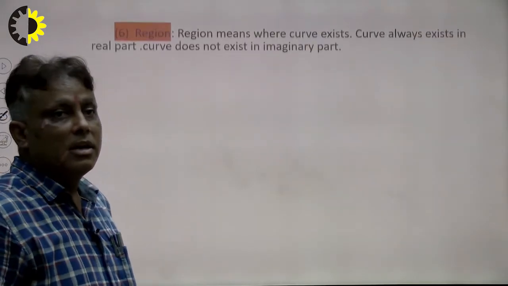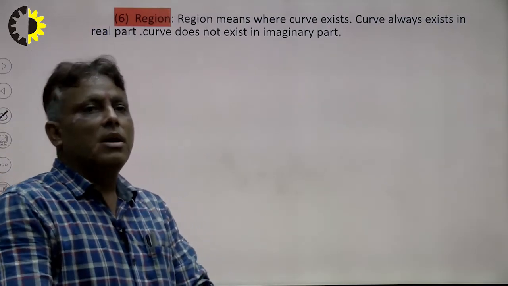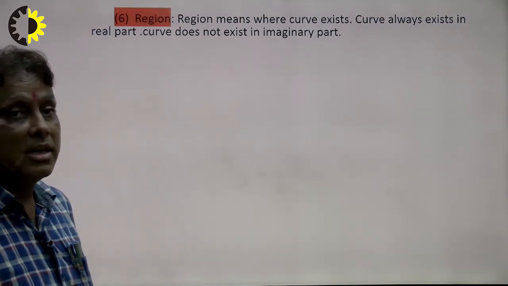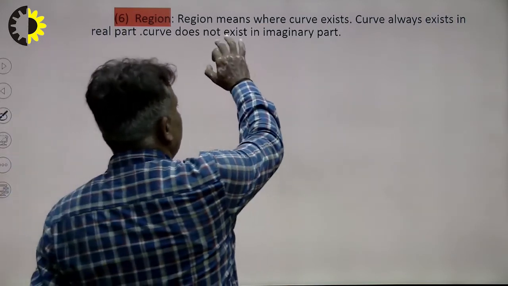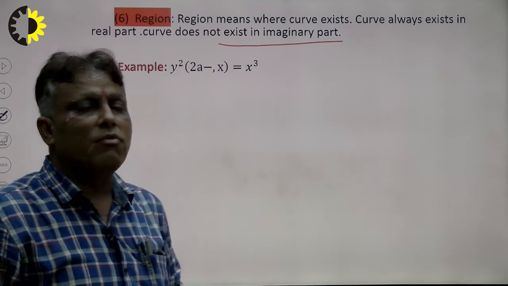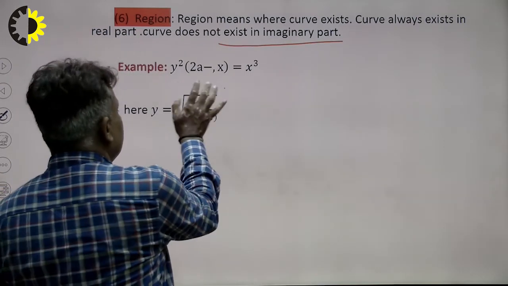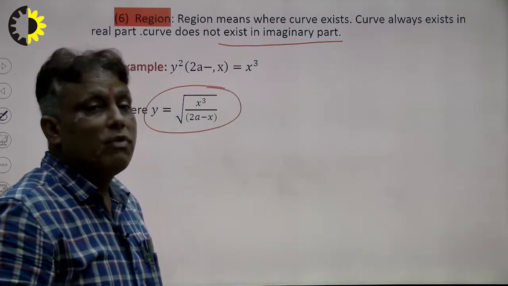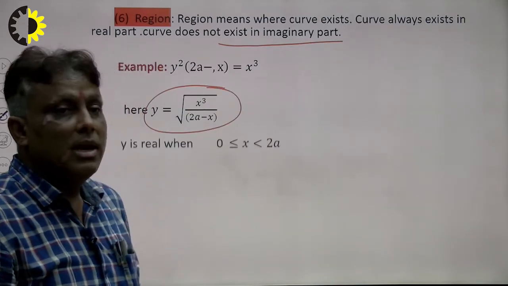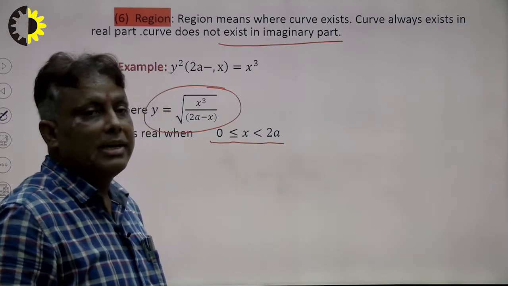Next is region. Region means where the curve exists. The curve exists where it is real, and does not exist in the imaginary part. We see that with the help of region. Suppose I write the example y square equals 2ax minus x. So what will be the value of y here? y will be real when x is less than or equal to 2a and greater than or equal to 0.